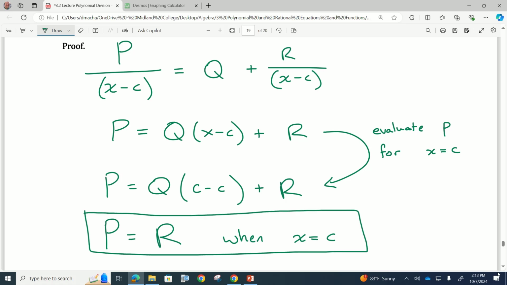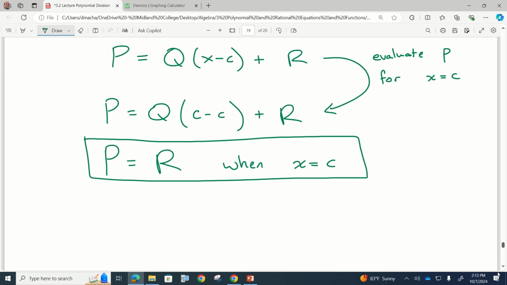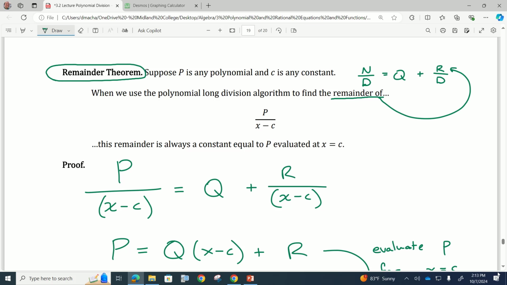The only thing I haven't said explicitly is how do we know that this remainder is for sure a constant, like just a number? The remainder is not a polynomial. We know the remainder has to be a constant because long division keeps going until the remainder has a degree smaller than the denominator. But this time my denominator has a degree of 1, so my remainder has to have a degree smaller than 1.